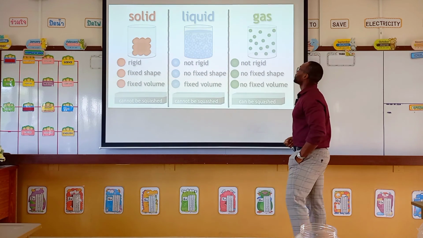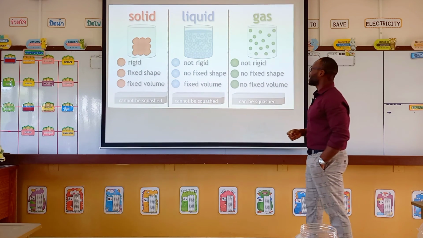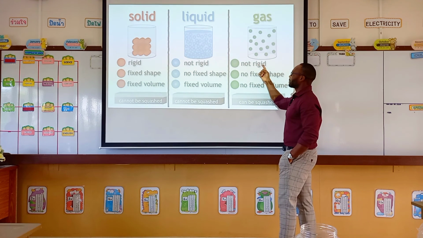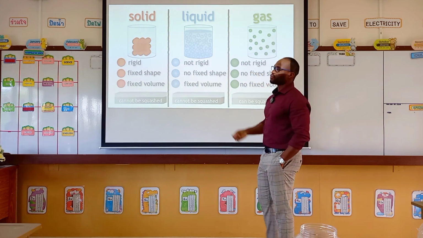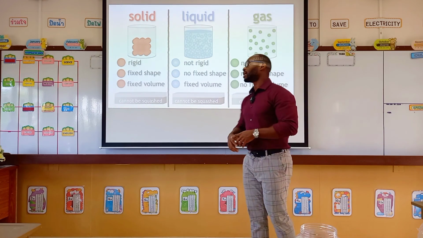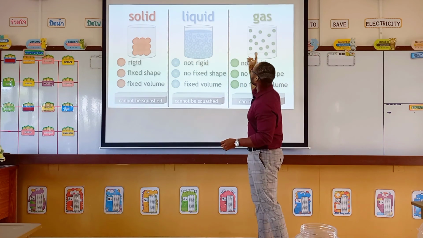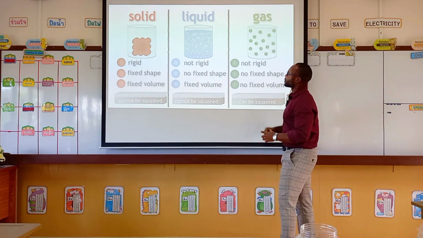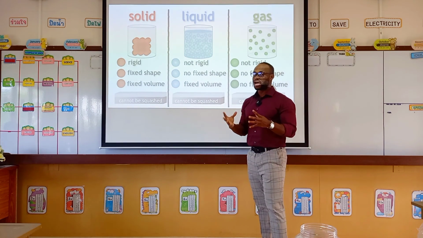Okay, number 3, gas. Gas is not rigid. It means it is flexible. There's a lot of movement going on here. Number 2, no fixed shape. Just like liquid, it doesn't have a fixed shape.